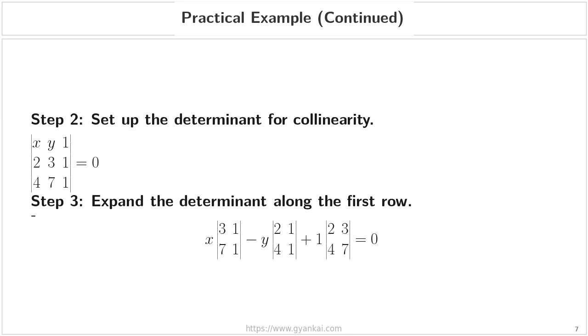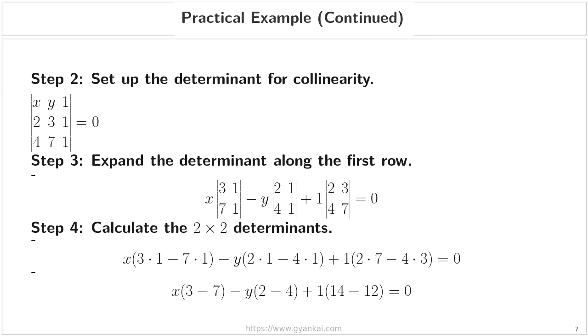Next, we take our second element, y, and subtract the determinant of the 2 by 2 matrix formed by the remaining elements, which are 2, 1, 4, and 1. Lastly, we take our third element, the number 1, and multiply it by the determinant of the remaining 2 by 2 matrix containing 2, 3, 4, and 7. Don't forget that middle minus sign. It's crucial for the correct expansion.